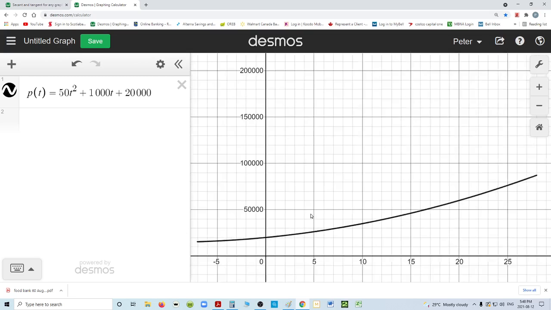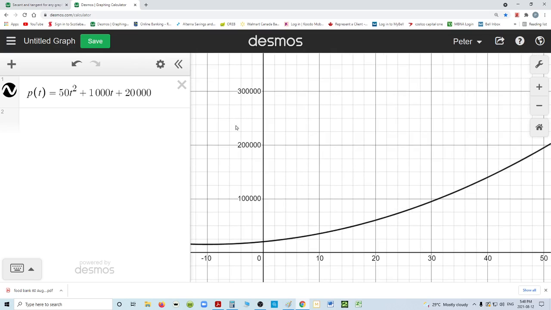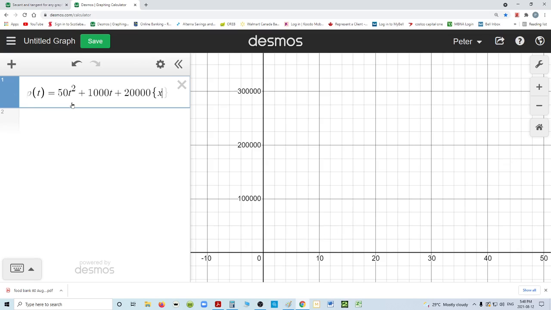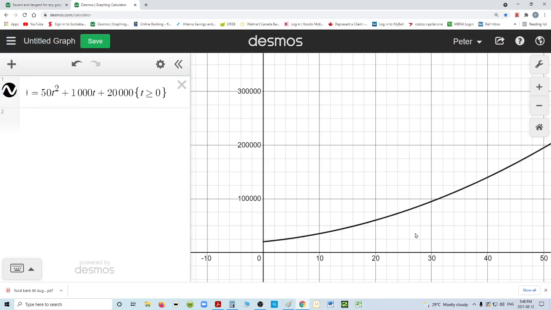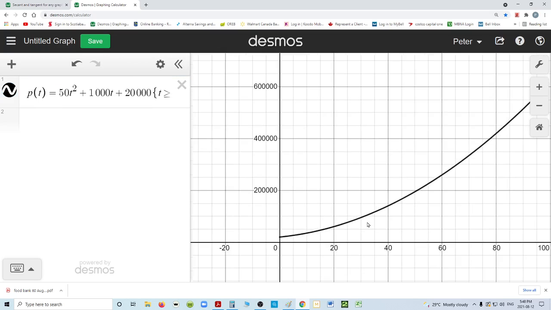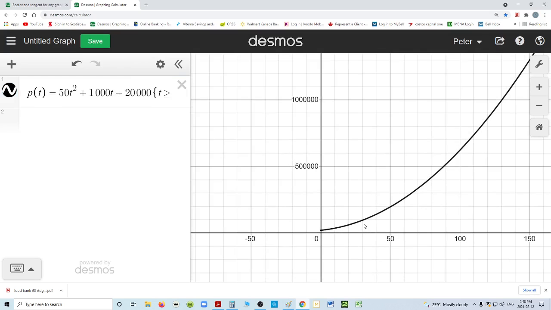Okay, so you can see, and also we're going to make t bigger or equal to 0. And you can see that that is a parabola that's sort of going up and up and up.